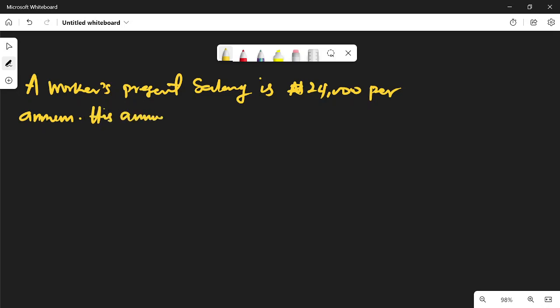His annual increment is 10% of his basic salary.